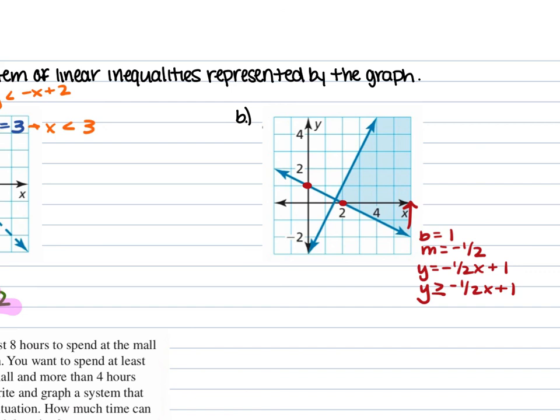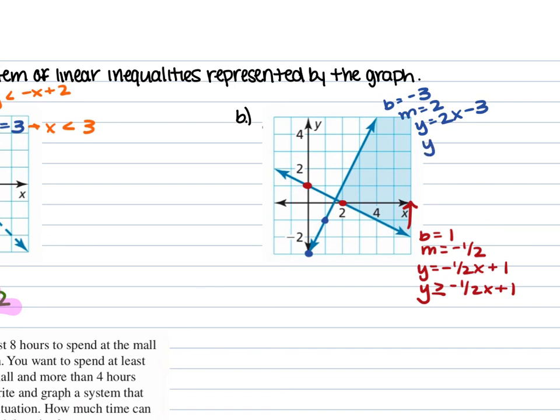For the other line, you have a y-intercept of 0, negative 3, so your b value is negative 3. You have a slope that's going up 2 to the right 1, so your m value is a positive 2. This gives you y is equal to 2x minus 3. The shading for this would be below, those y values below the line.